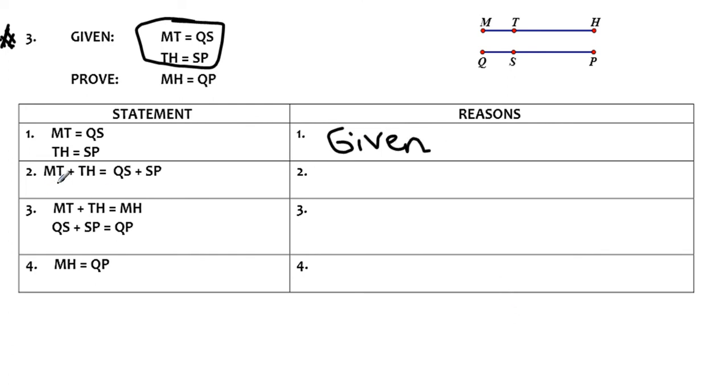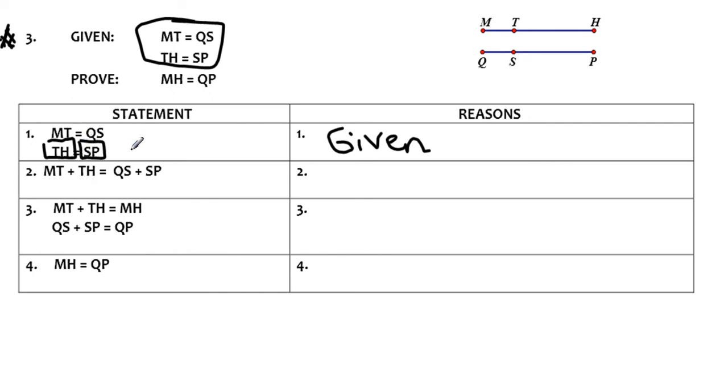The second one says that MT plus TH equals QS plus SP. Now what we're doing here is adding the same thing on both sides of an equation, and it looks really tricky. But here we said that TH was equal to SP.